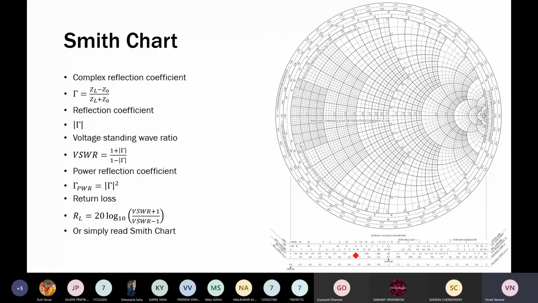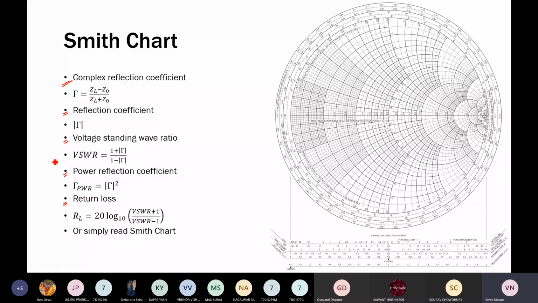We will discuss that geometry in a few moments, but do remember that whenever we solve a numerical on the transmission line, many times we need to calculate the complex reflection coefficient, or the magnitude of the reflection coefficient, or voltage standing wave ratio, or simply SWR, or the power reflection coefficient, or sometimes the return loss.